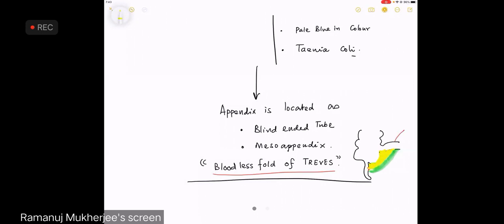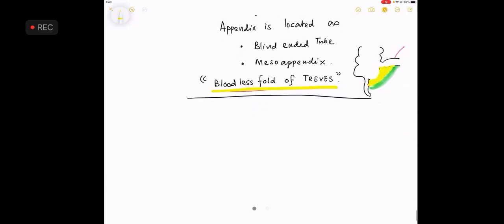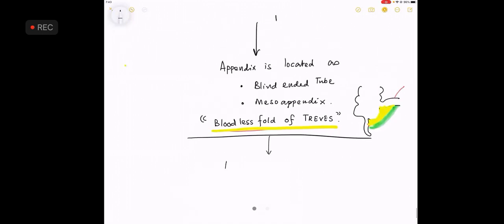This fatty fold hides the appendix. So this is what you are required to say in an honors question. Majority, if you want to omit this, be my guest, you can easily omit this. Sir, can you repeat the last part?